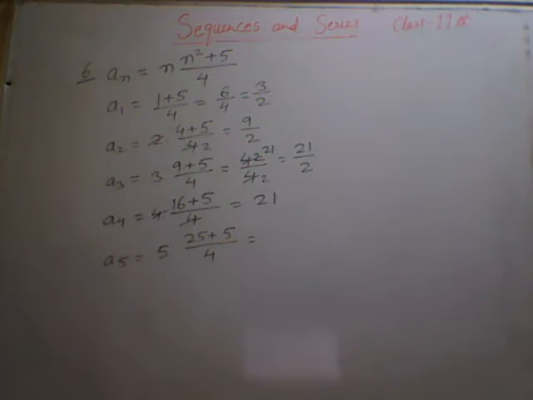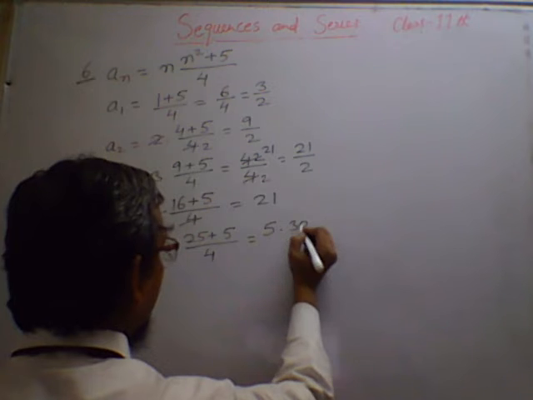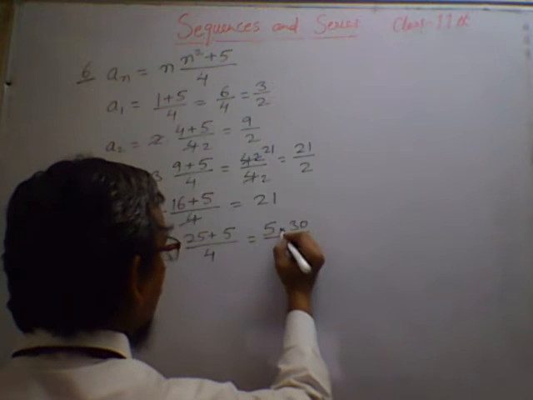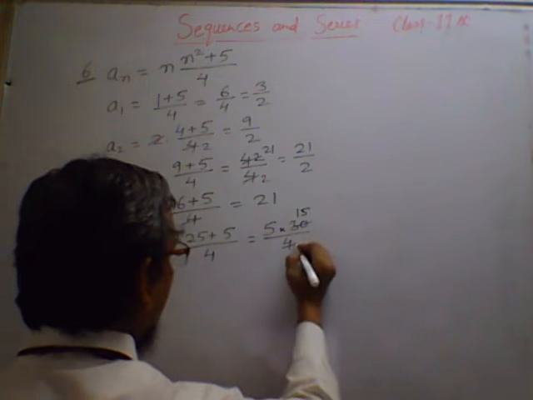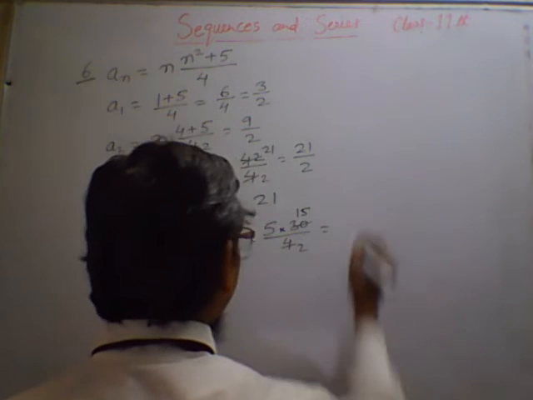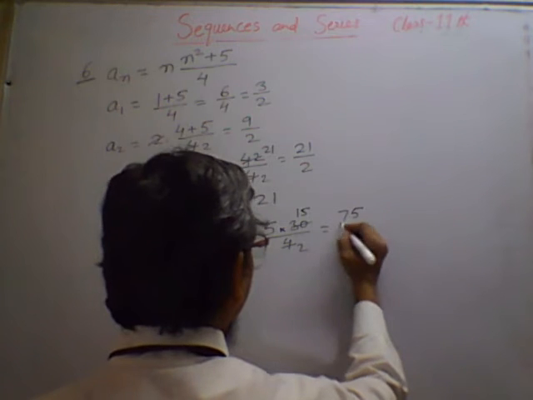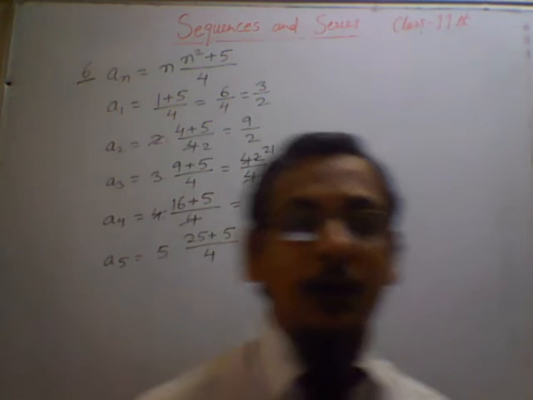So it will be 5 into 30 over 4, which gives 150 over 4, so 75 over 2. So we have got 5 terms. Now we will move on.